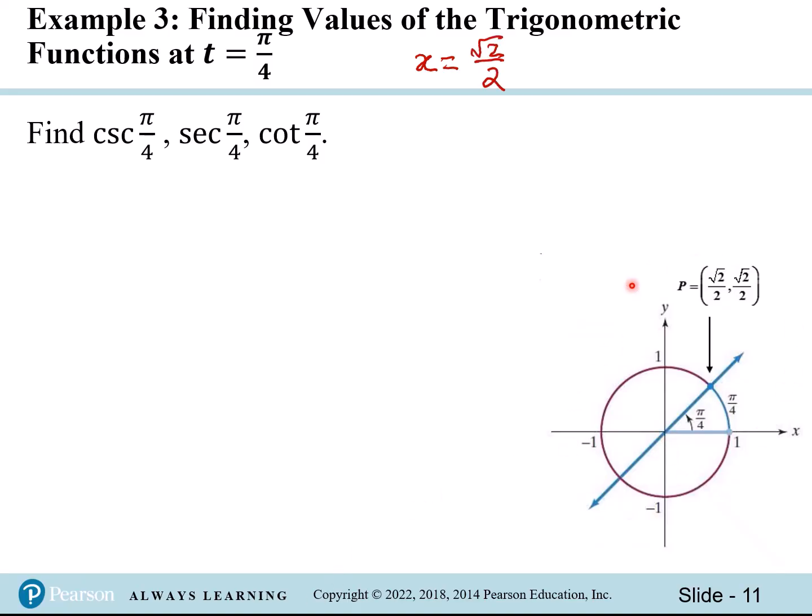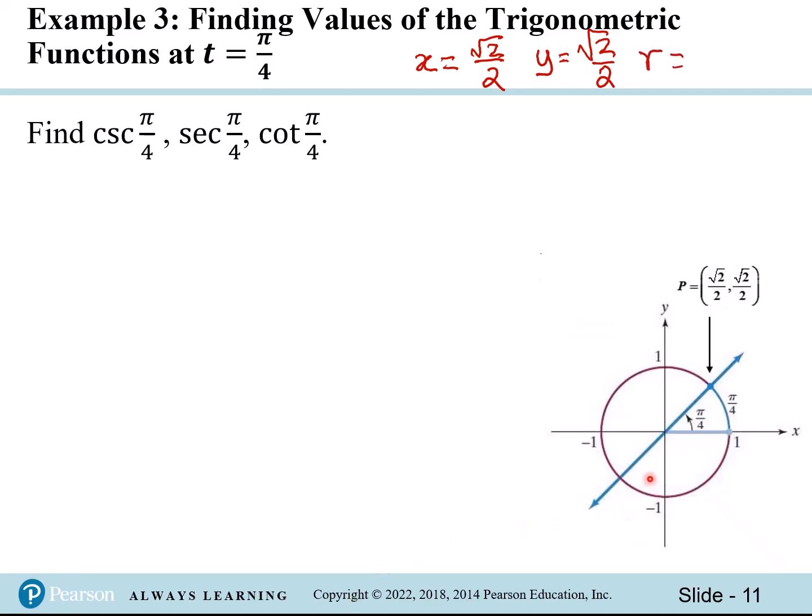Y is going to be the y coordinate of this point P. So y equals square root of 2 divided by 2. And what is r going to be? R, which is the measure of the hypotenuse of this right triangle.